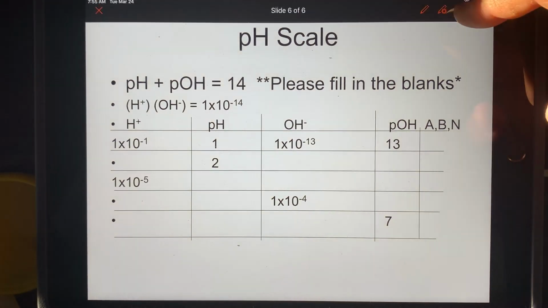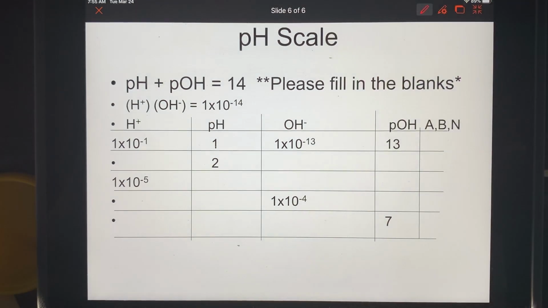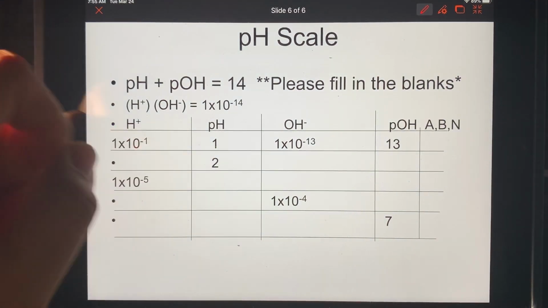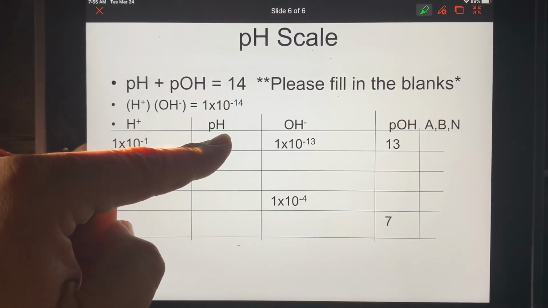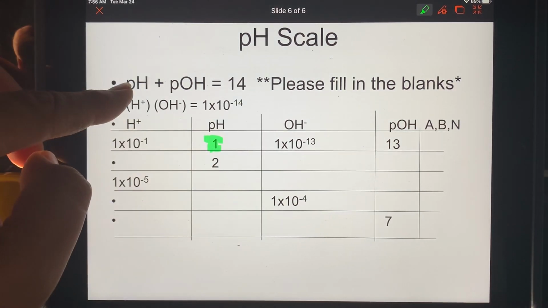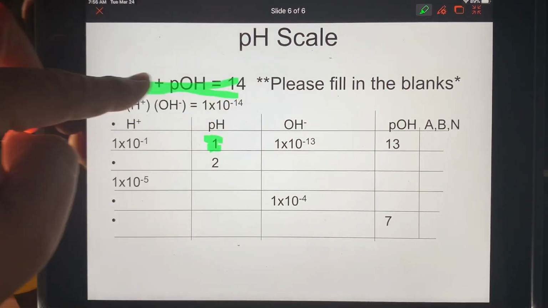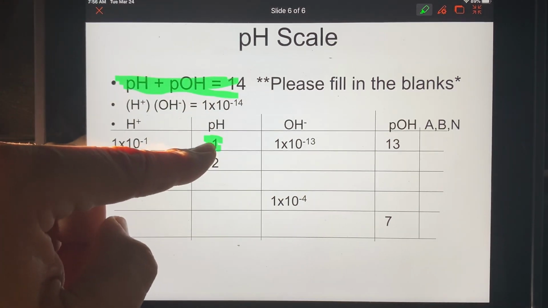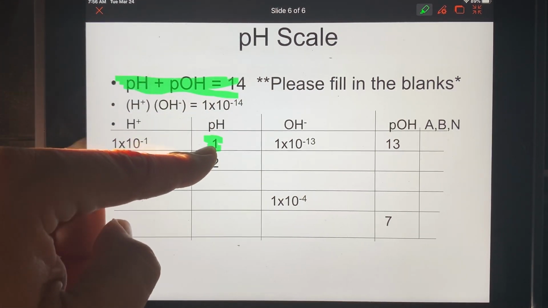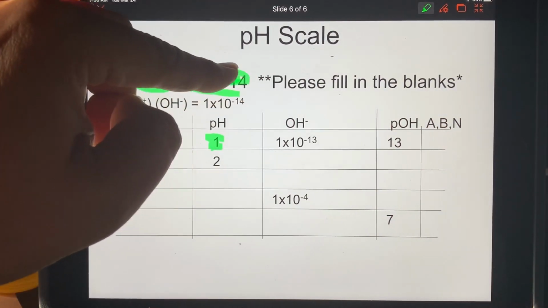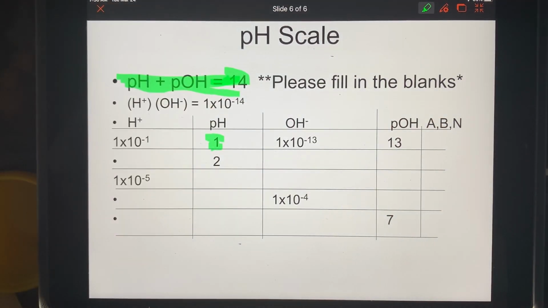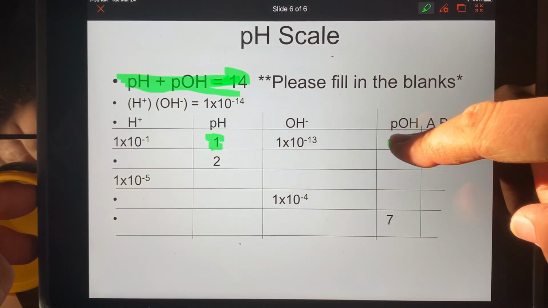Let's do the first example I wrote for you here. If I give you the pH value is 1. Going back to this equation up here, what did we learn? If my pH is 1, pH plus pOH must equal what number? That's right, 14. So 1 plus what gives me 14?